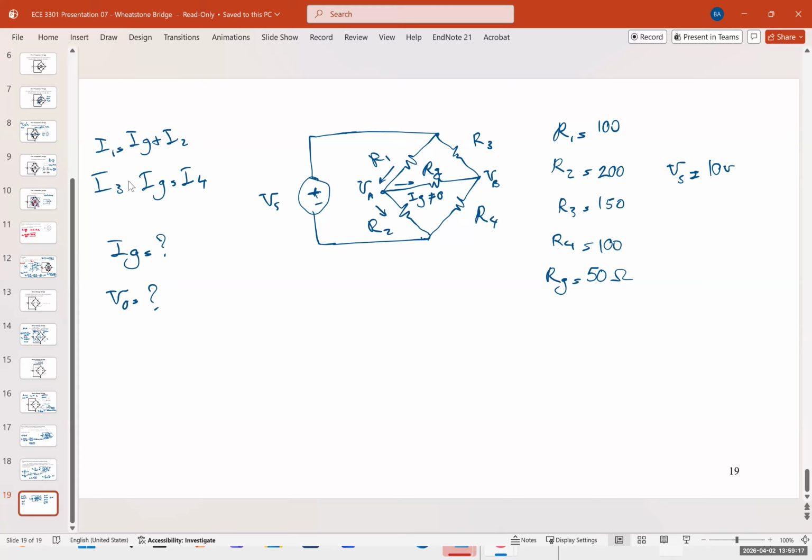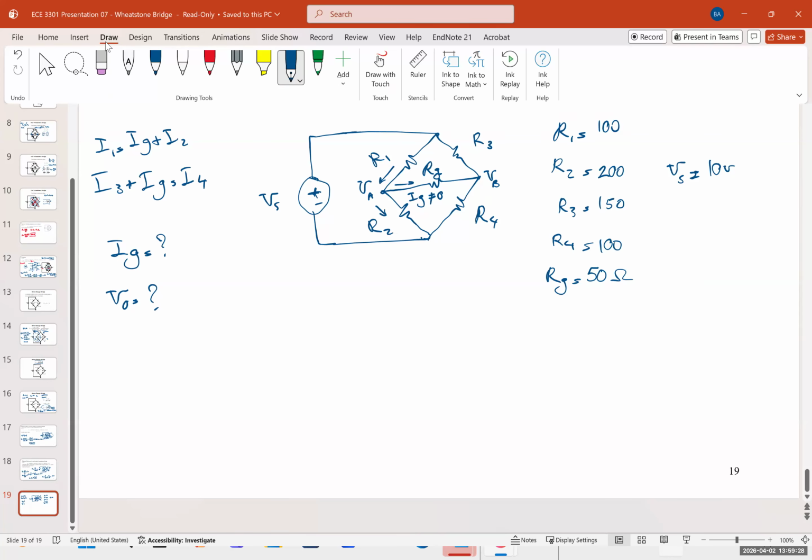Therefore, we cannot use the voltage divider equation. We have to find another way to solve this. I'll give you a few minutes to think on it. If someone comes up with a solution, I'll give them extra points. If not, I would solve it.